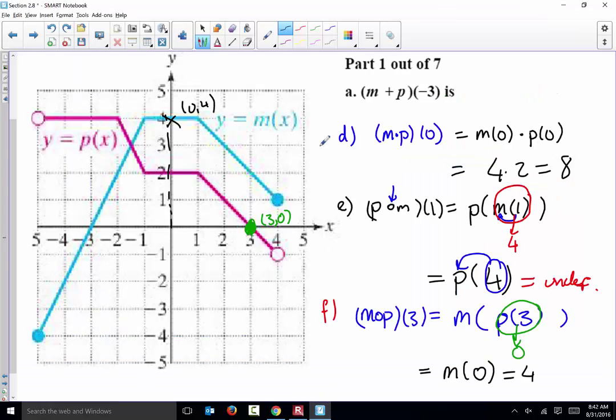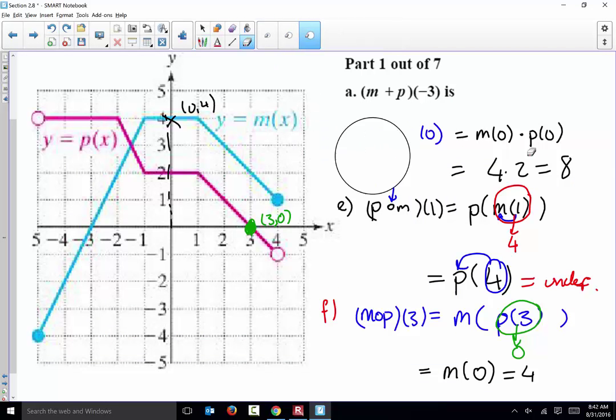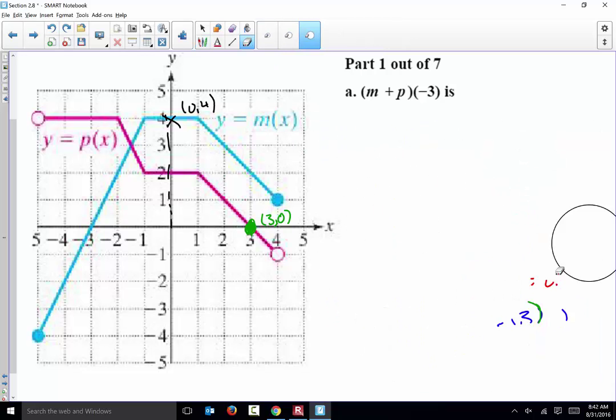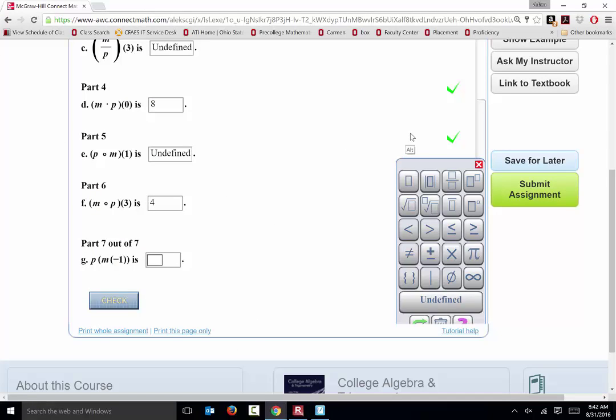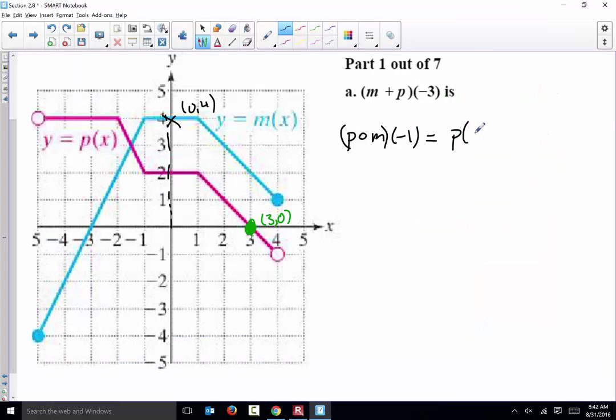So here's what's asked: P of M of minus 1, asked in part 7, which is G.